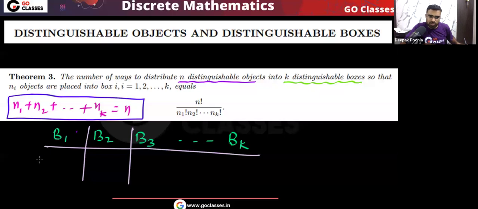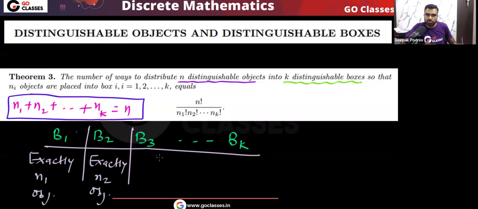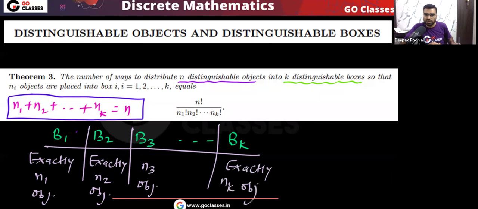This is the distribution we want: exactly n1 elements in box B1, exactly n2 elements in box B2, exactly n3 elements here, and so on, exactly nk elements here. Is this clear? And there is a condition that we are distributing all the objects.